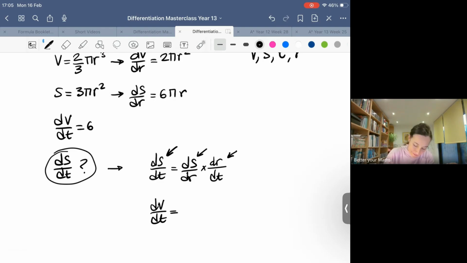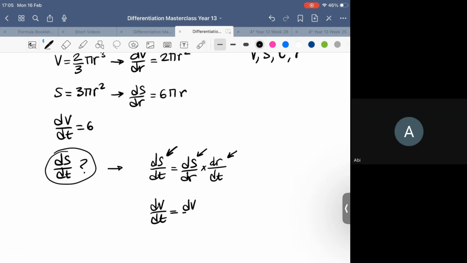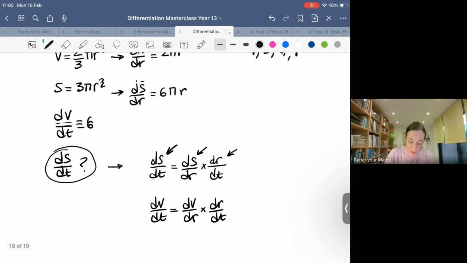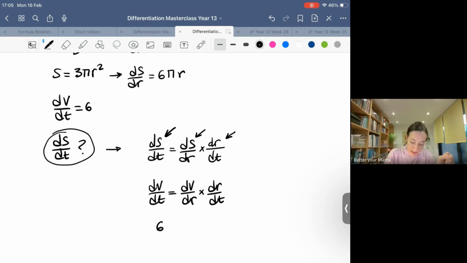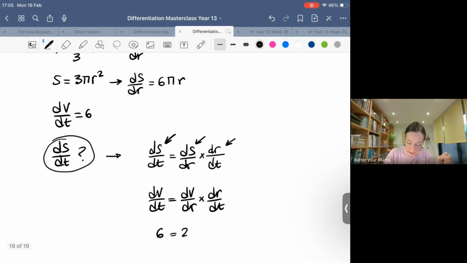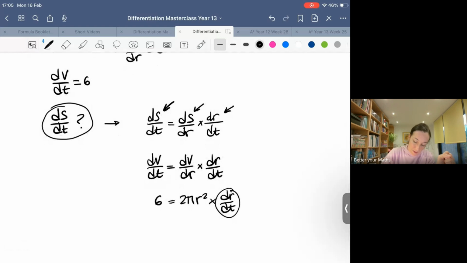Abby, come on. Could you have dv by dr times dr by dt? Exactly. And from this one, dv by dt is 6, they tell me. dv by dr is 2 pi r squared. And I'm going to find dr by dt, making that the subject. I'm substituting it here.